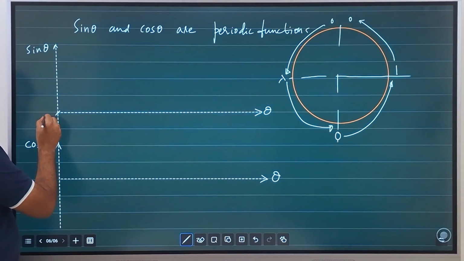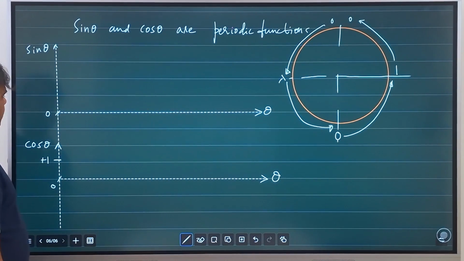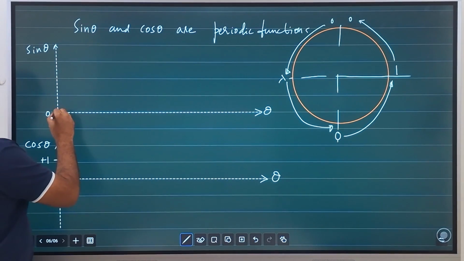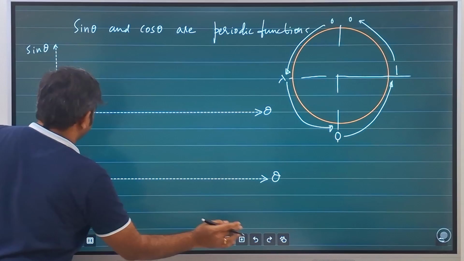For 0 degrees, sine theta is 0. For 0 degrees, cos theta is equal to +1. We have seen this. The shape of sine theta graph comes like this.